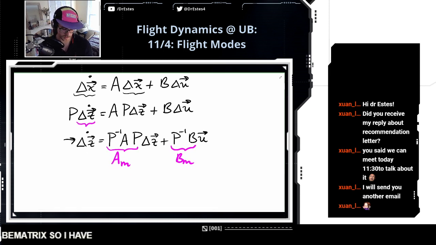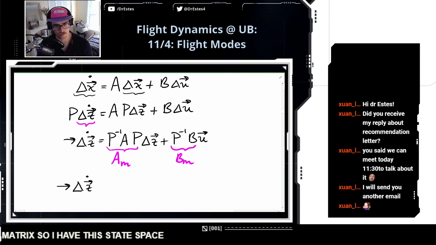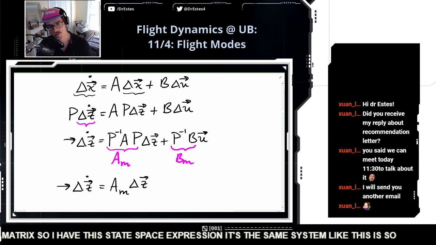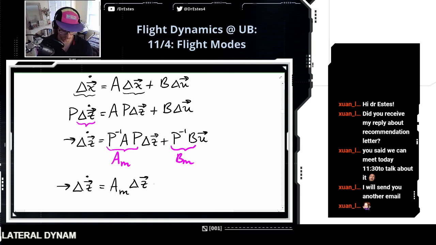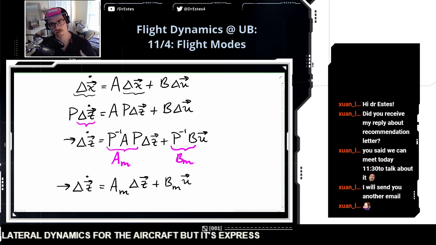So I have this state space expression. It's the same system, like this is still our lateral dynamics for the aircraft, but it's expressed in a different coordinate system.